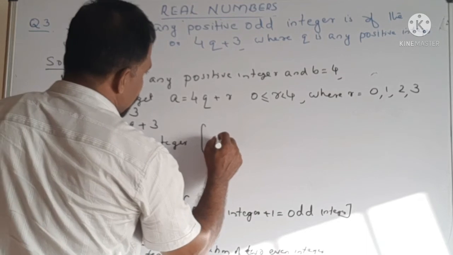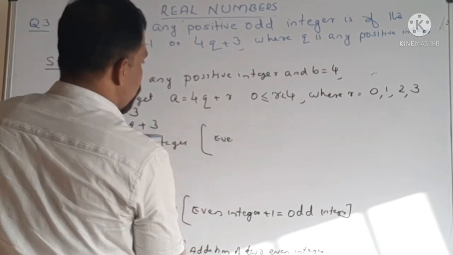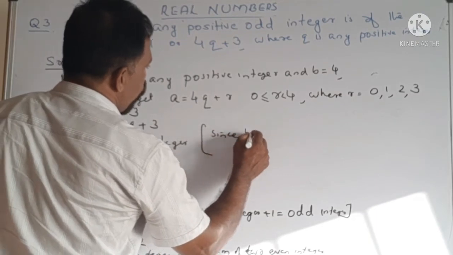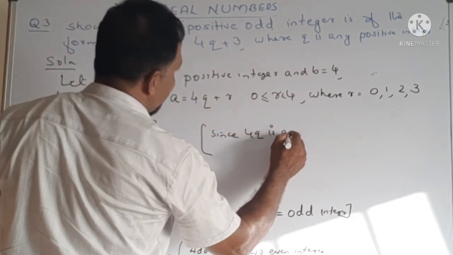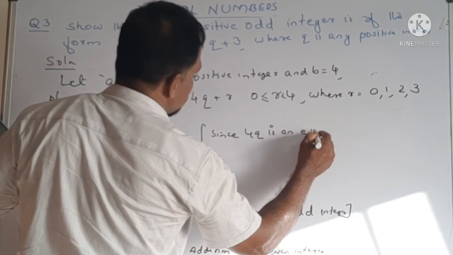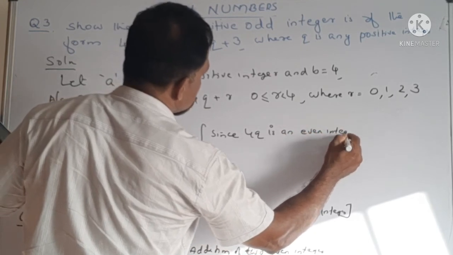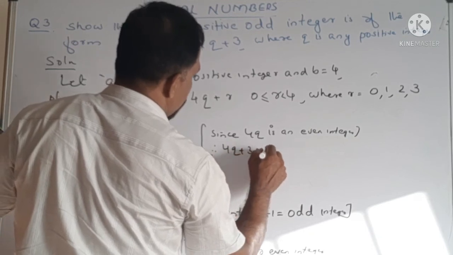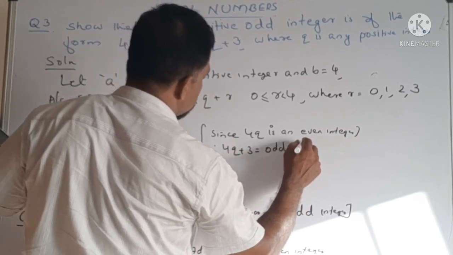Reason: since 4q is an even integer, therefore 4q plus 3 will be an odd integer.